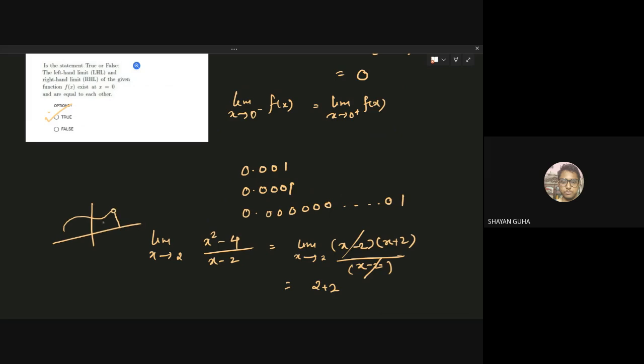But as we approach this value, the functional value will approach 4. This is the limit. This is what limit is. I think, am I able to make you clear why I can put the value there? Limit is a concept. Limit is nothing but a concept.